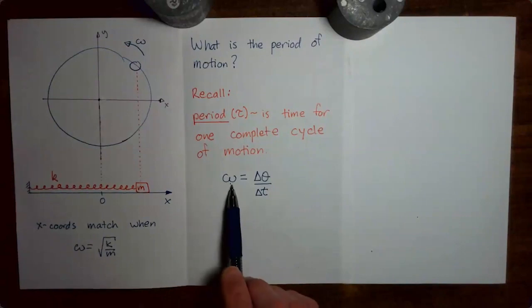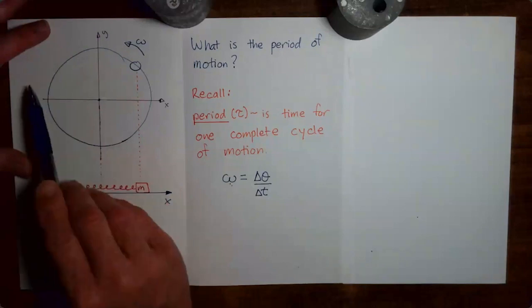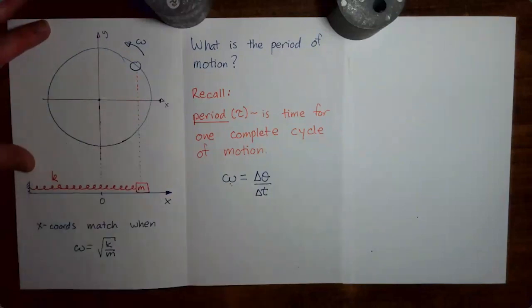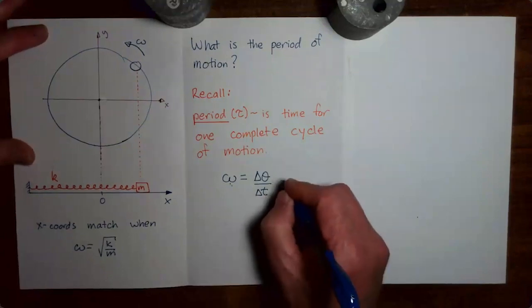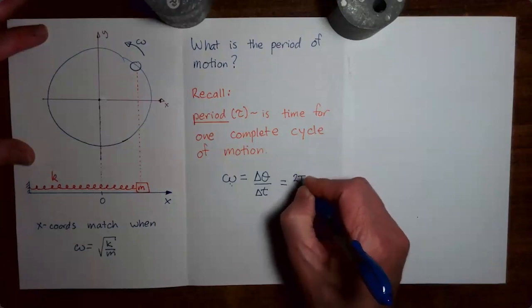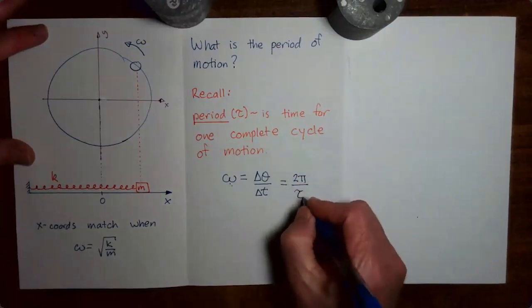So to get the angular velocity for the circling mass, let's just think about that circling mass making exactly one circle. When the circling mass makes exactly one circle, then the angle it sweeps out is 2 pi, and the time it takes to make that circle is the period.